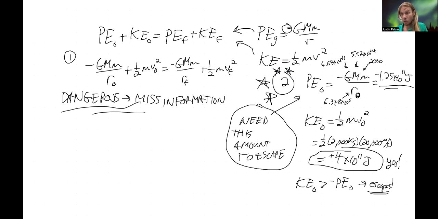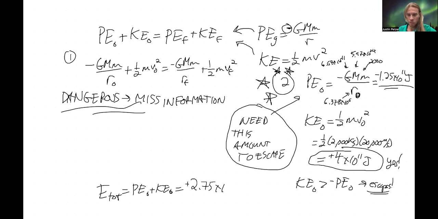We have that, and we will have an excess of energy, right? So the total energy, which is the initial kinetic energy plus the initial potential energy, is going to be this plus this, that's 4 plus negative 1.25. So 4 minus 1.25 gives me positive 2.75 times 10 to the 11, 275 billion joules, because this is 275 times 10 to the 9.